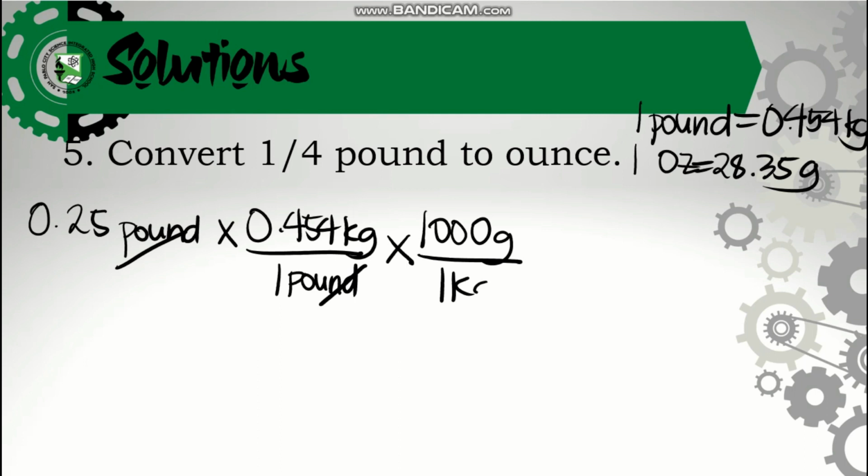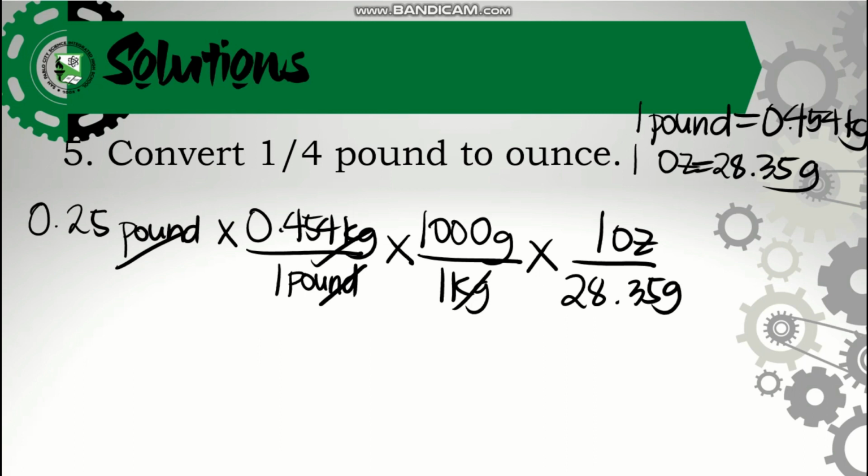And therefore, we cancel kilogram as well as pound, and we need to convert grams into ounce, which is, I'm going to multiply 1 ounce over 28.35 grams, and when we put it on the calculator, we get exactly 4 ounce.